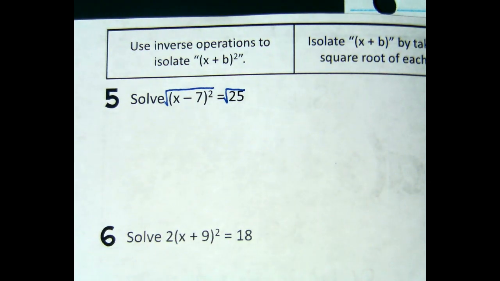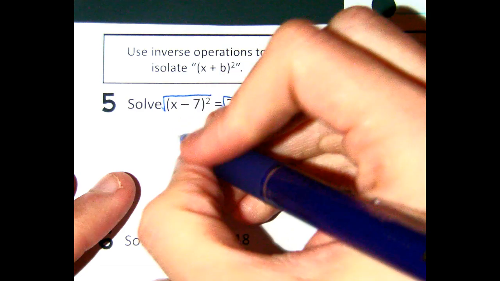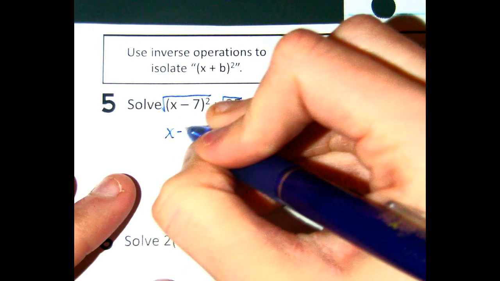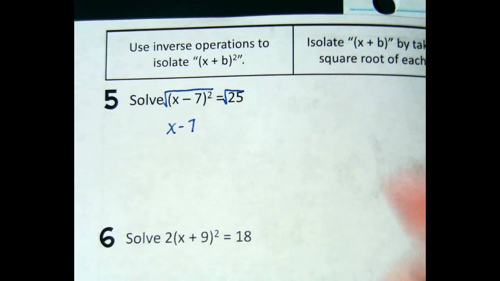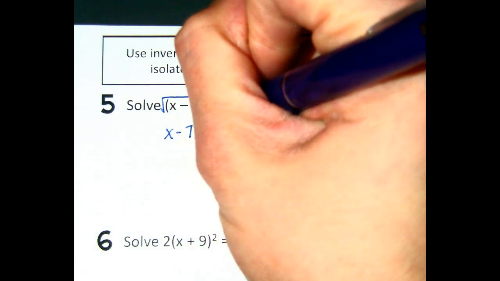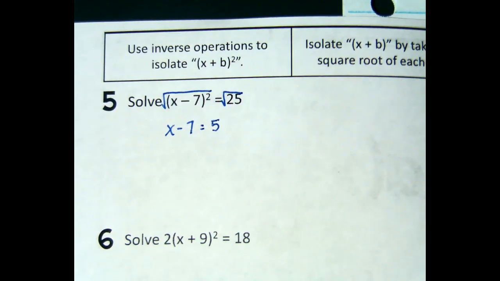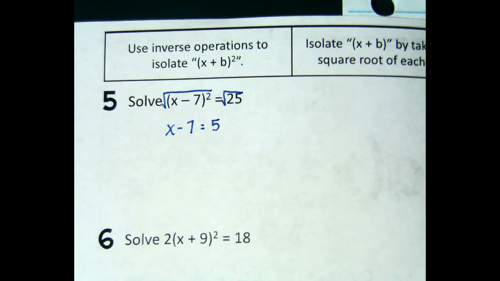Square rooting that squared, it's the inverse, which means it undoes that. So all that's left on this left side is x minus 7. What is the square root of 25? What did we talk about yesterday that we had to make sure we did?